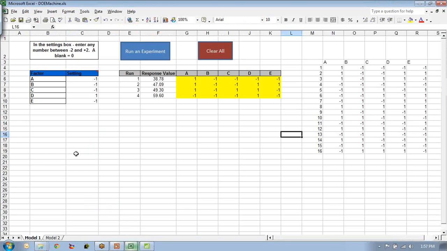The DOE machine, you've got 2 of them, and go to it. Now it says you can set them to any number between -2 and +2. That's for a different class. That really is for optimizing, for finding super duper sweet spots beyond the normal stuff. That's optional for this class.